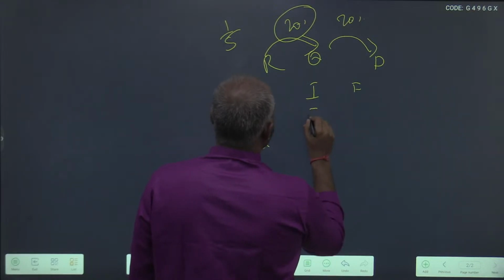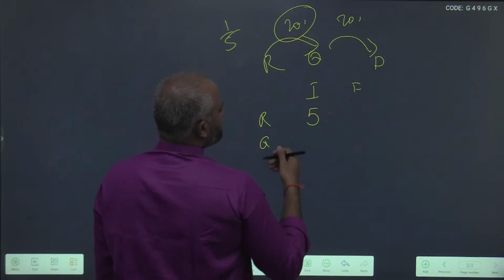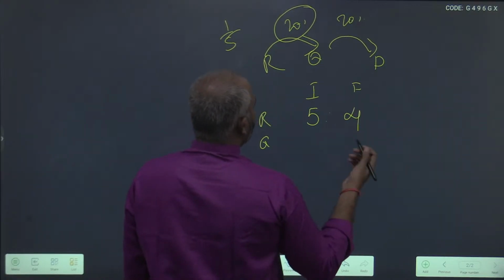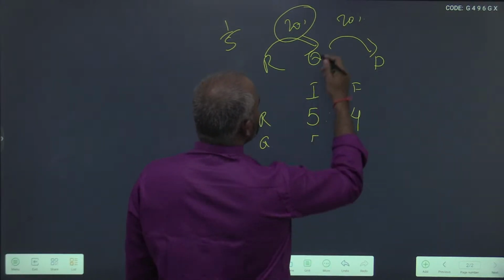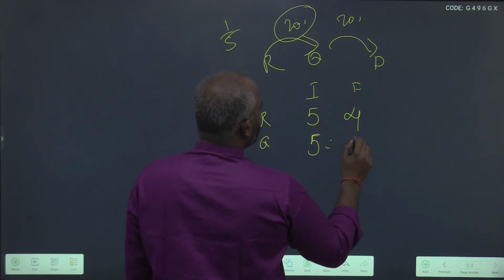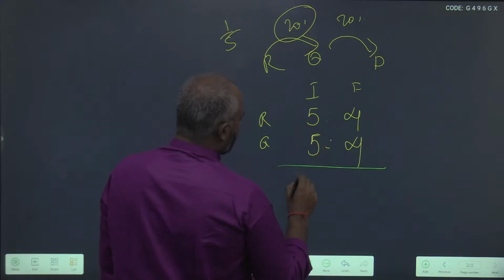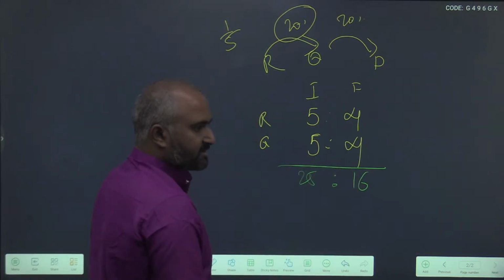So if R's value is 5, Q's value will be 4. Next, if Q's value is 5, P's value will be 4. So what will this be? 25 is to 16.